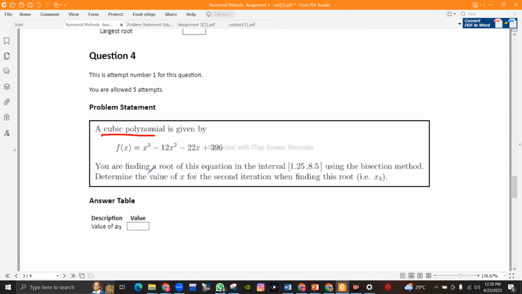We are asked to find the root of this equation between this interval. So that means the answer to this question should be between 1.25 and 8.5. It should not be more than that. So the answer should be between these values. Any answer outside this interval will be neglected.